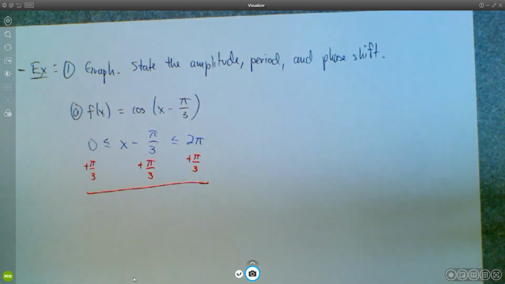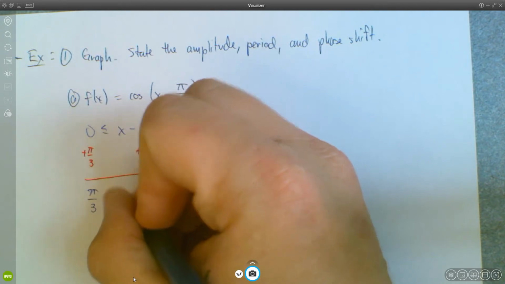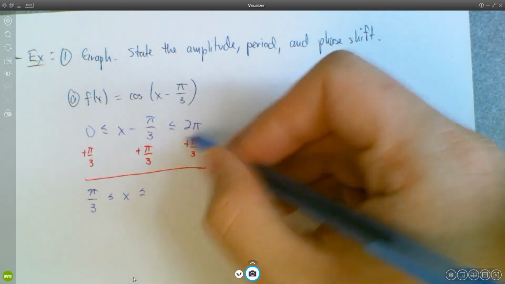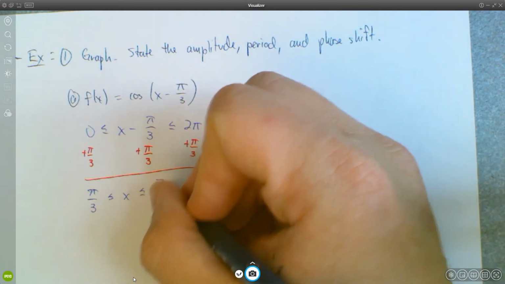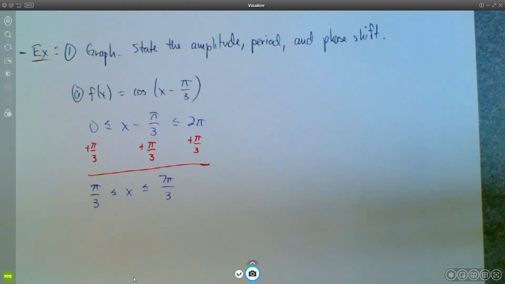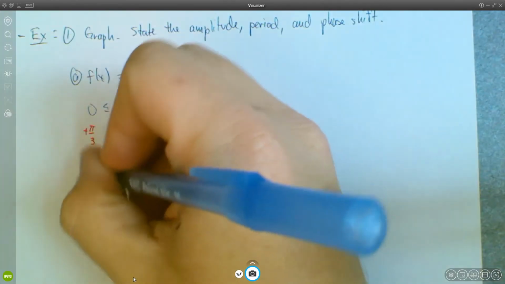So if I add through by pi over 3, I get pi over 3 is less than or equal to x, which is less than or equal to 2 pi, which is the same as 6 pi over 3. So 6 pi over 3 plus pi over 3 is 7 pi over 3. Okay. So this tells you where to start.